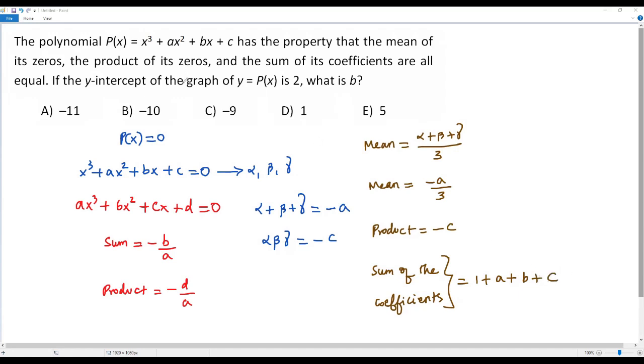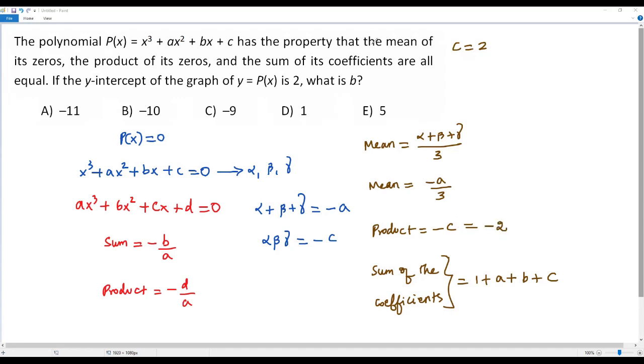There is also the information that the y-intercept of the graph of the given polynomial function is 2. When we have a polynomial function in standard form like this one, the constant term represents the y-intercept. Since the y-intercept is 2, the value of c is 2. Plugging in 2 for c, we get the product of the 3 zeros as negative 2.